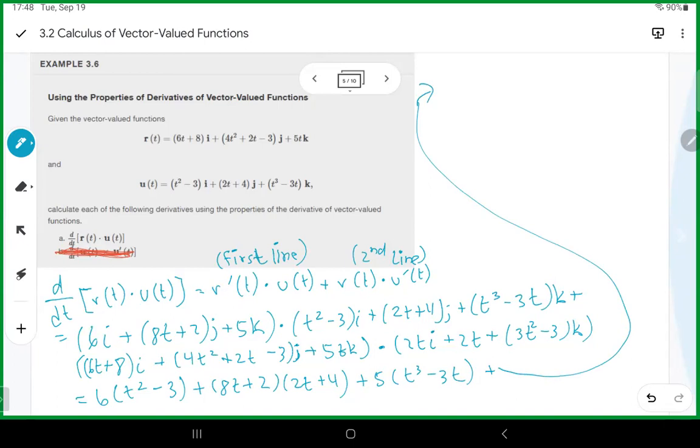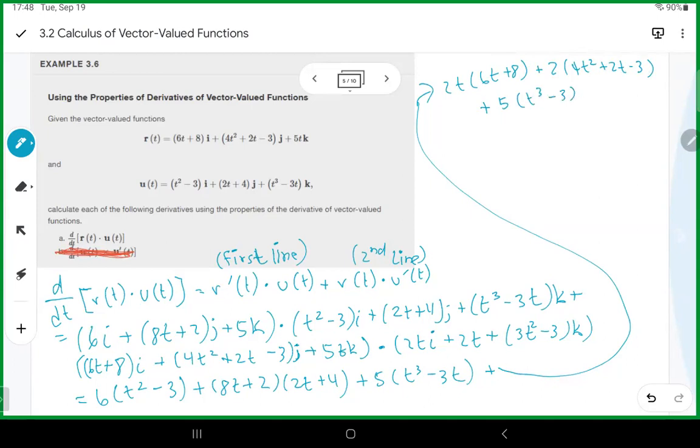Let's look at this very long. Squared plus 2t minus 3 is plus 5t cubed 3.